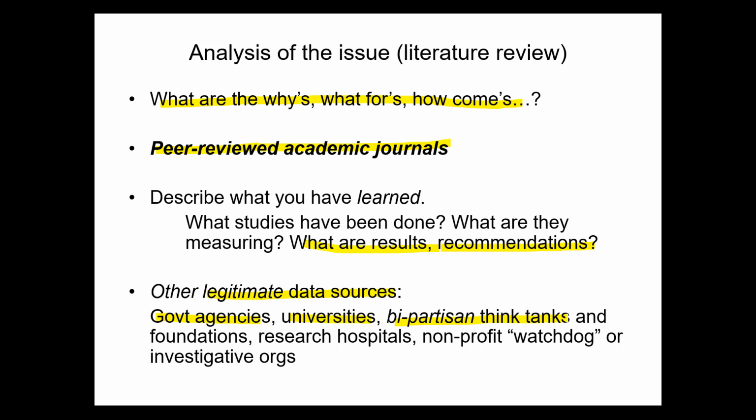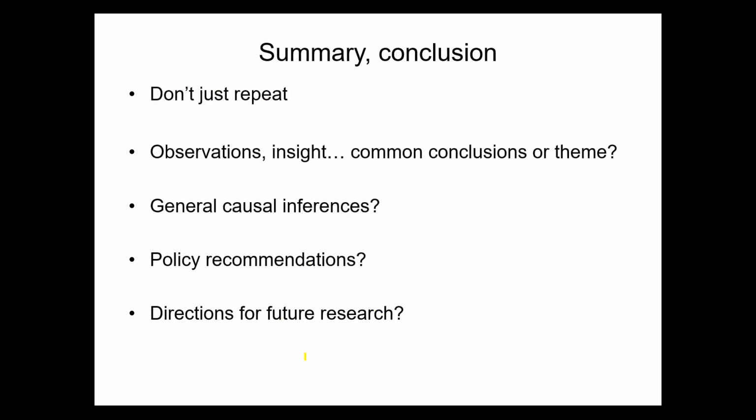And then you want to balance that out. If you're finding some information from a think tank that might be leaning more progressive or more conservative, then you might want to balance that out with another group or whatever. But there's lots of nonprofit foundations out there that are trying to find information, research hospitals, watchdog groups, investigative organizations, things like that can help add to your sources as well.